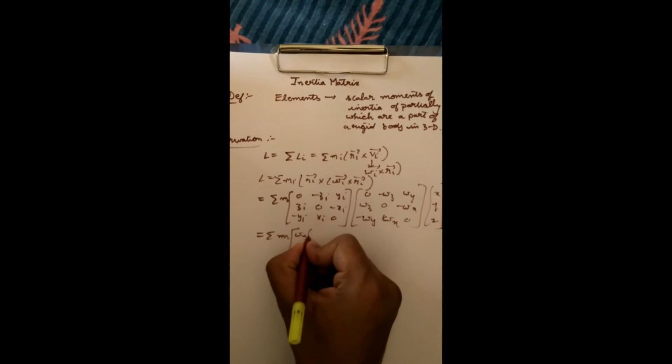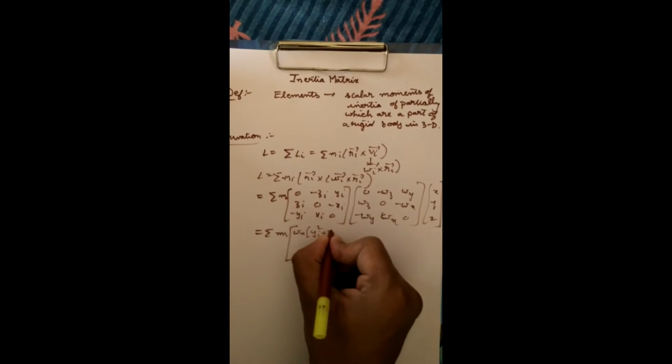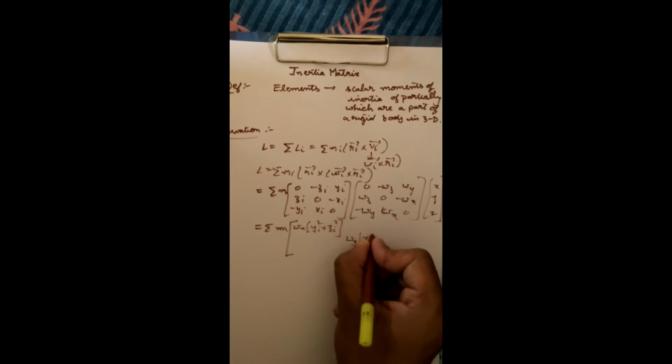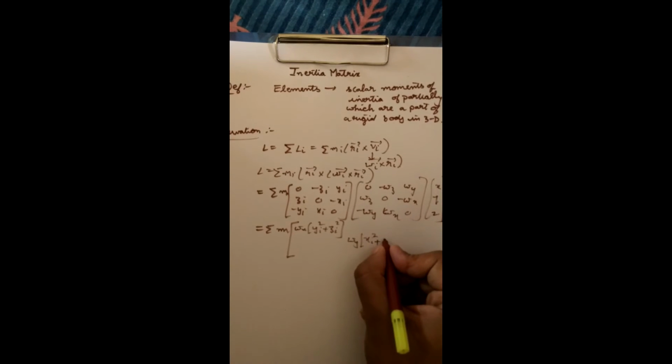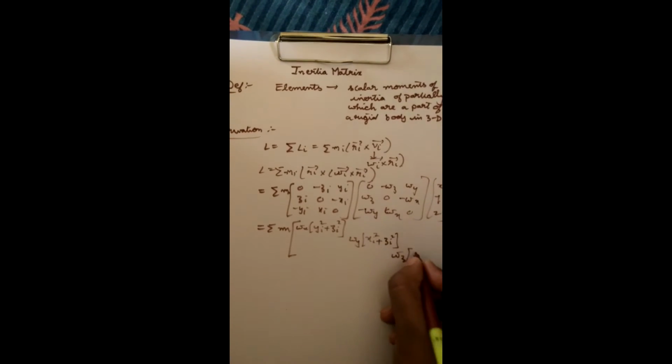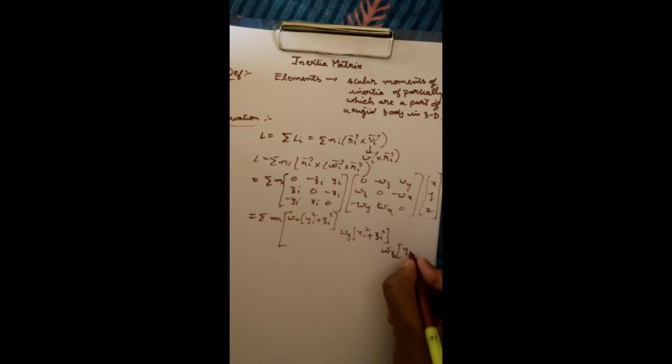omega X (yi square plus zi square), omega Y (xi square plus zi square), omega Z (yi square plus xi square).